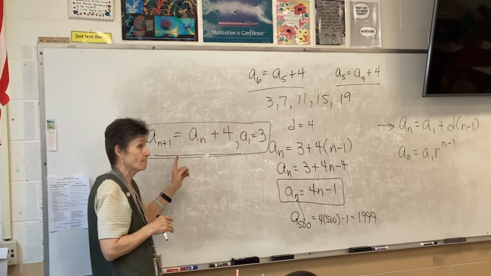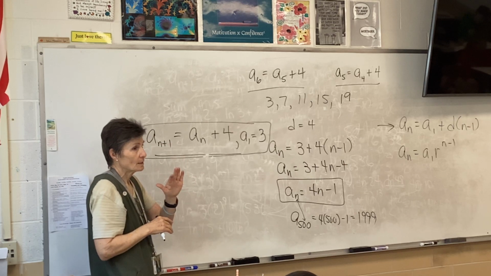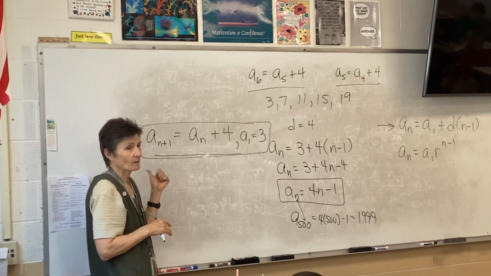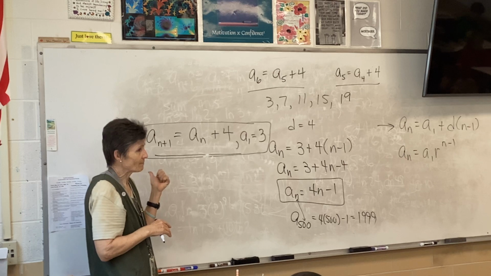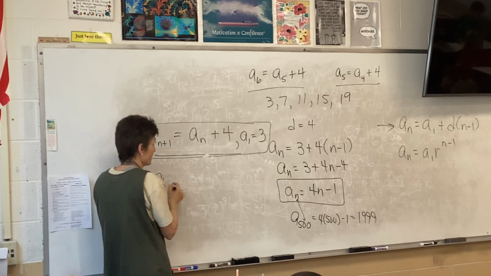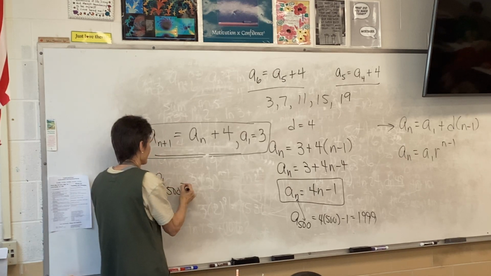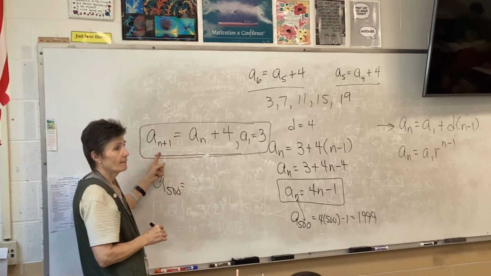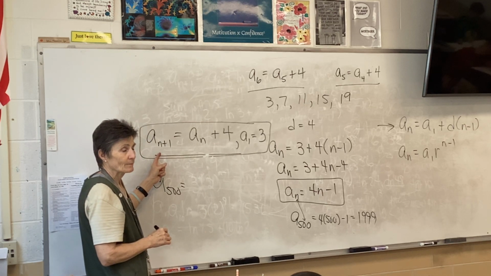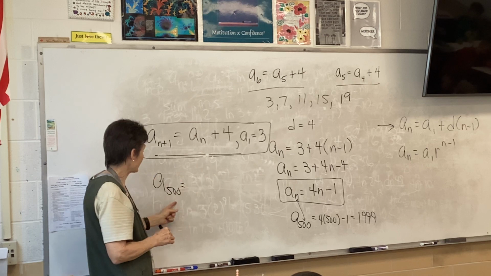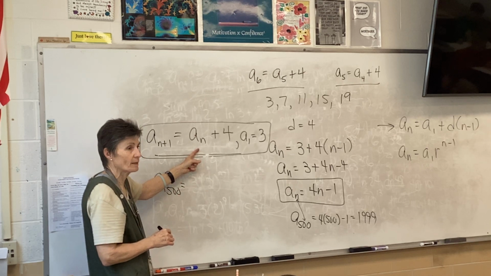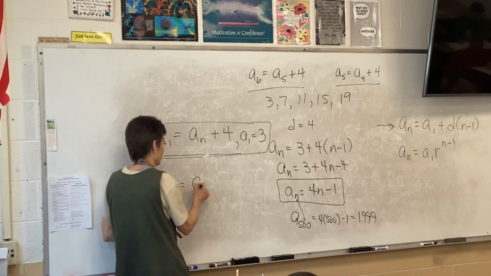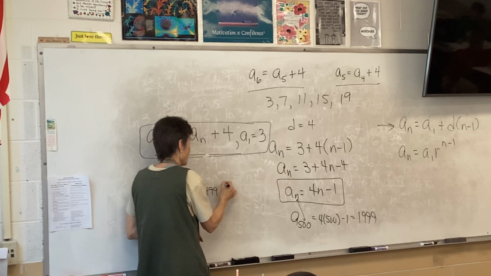That's what this says. Now, I'm not a big fan of these. They're necessary, but I don't like them very much, because suppose I want the 500th term using this formula. How would I get the 500th term? It would be the 499th plus 4.